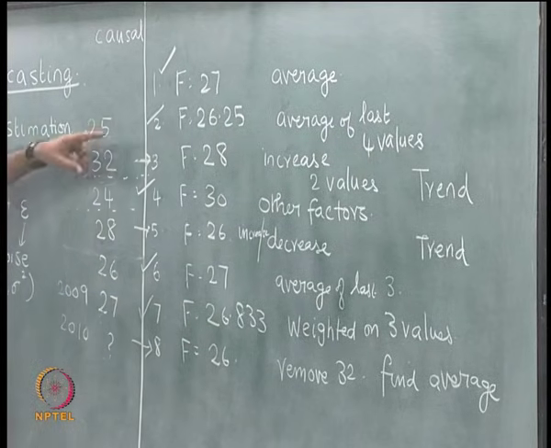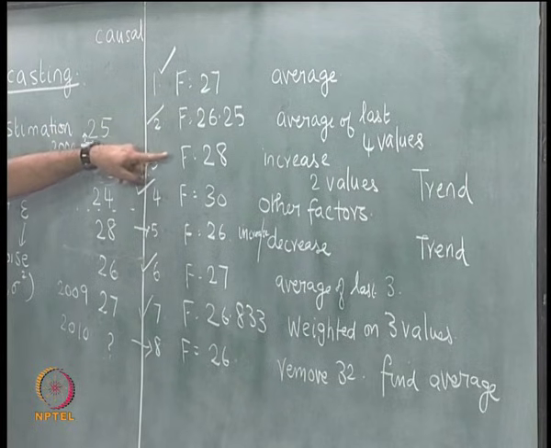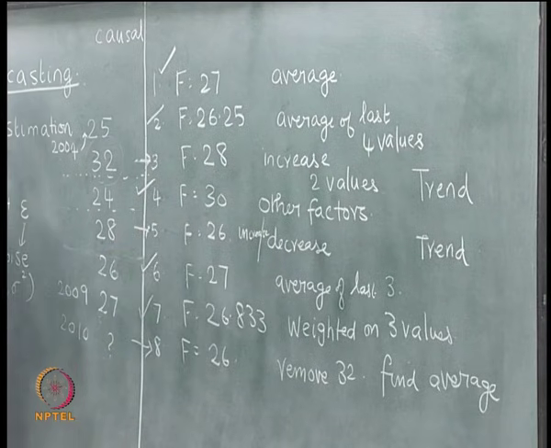Whereas, when someone gave this value, which is f is equal to 28, which was based on an increase, and f is equal to 26, which was also based on increase and decrease, there is an assumption here that the data is exhibiting a trend, a noticeable increase or decrease which cannot be attributed to randomness or noise.